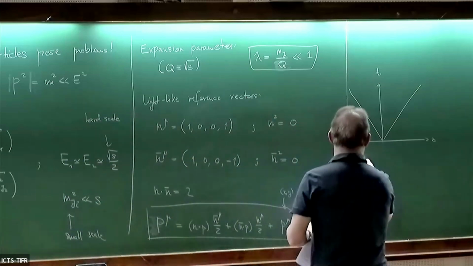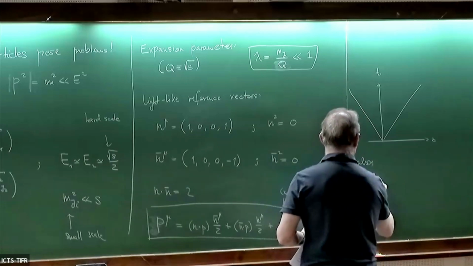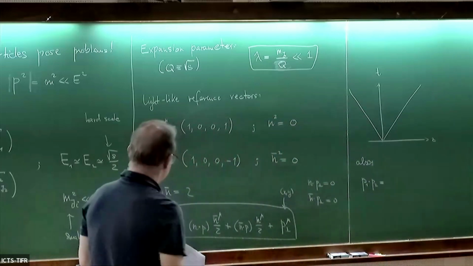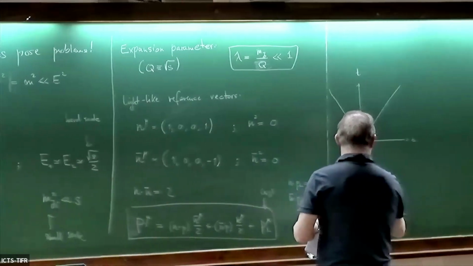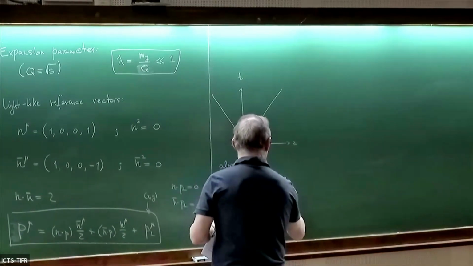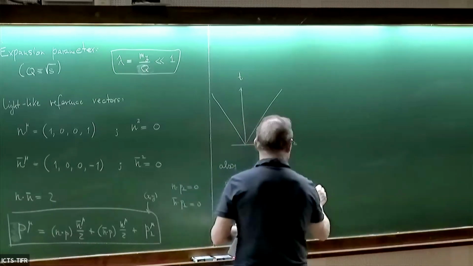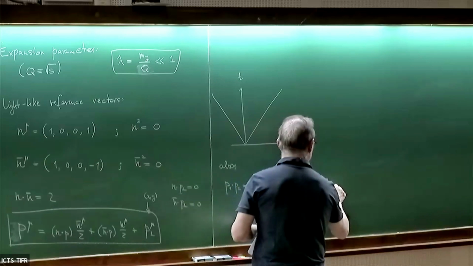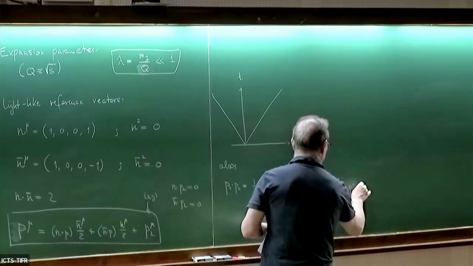Notice also, if we take a product of 2 vectors, p1 times p2, with this formula, you find that this is 1/2 n times p1 n bar times p2 plus 1/2 n bar times p1 n times p2 plus p perp 1 times p perp 2.